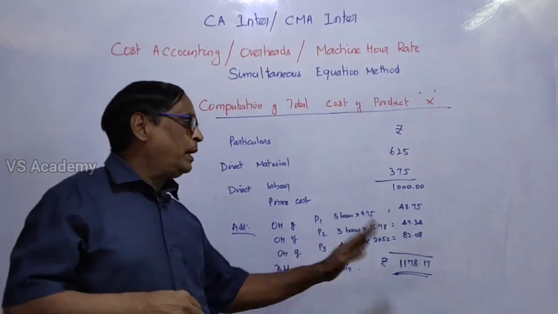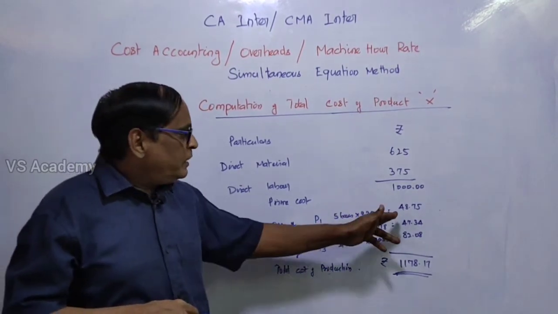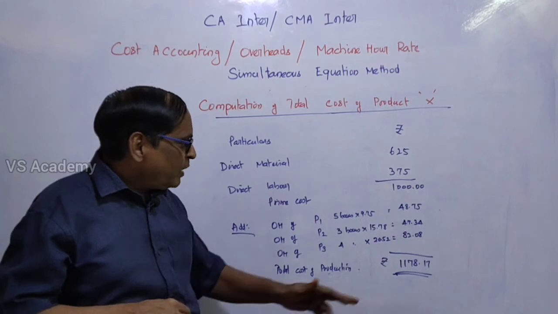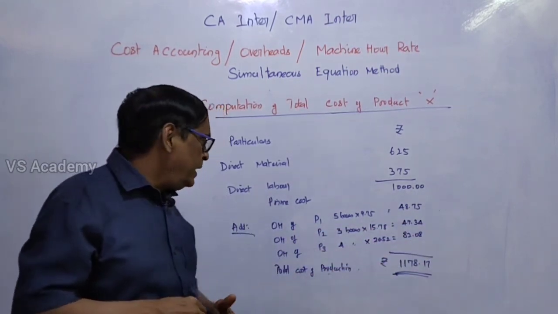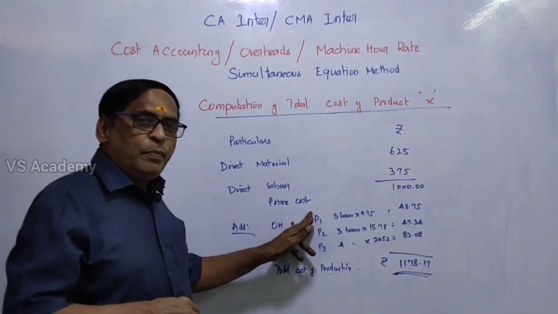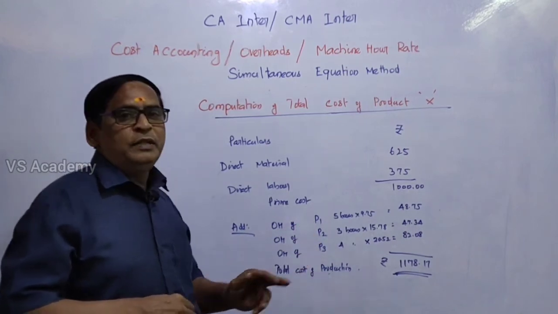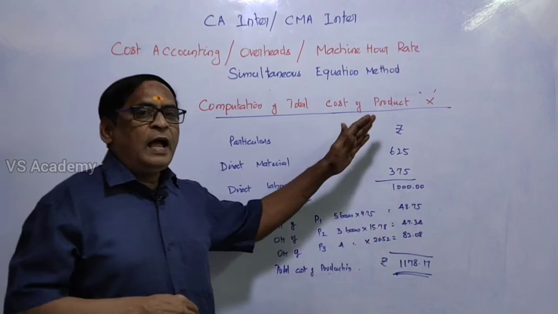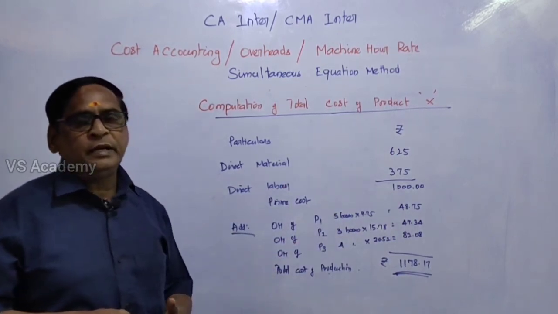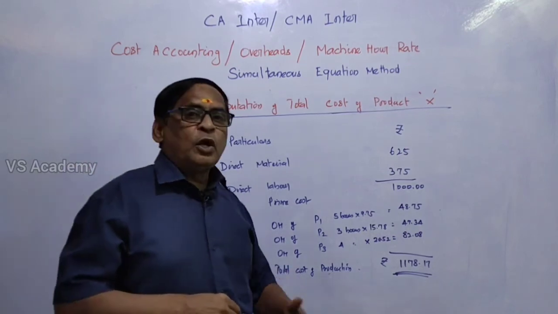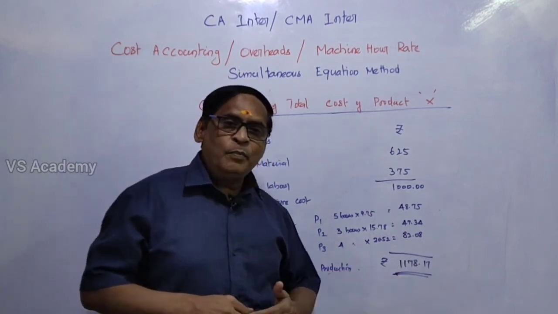If we multiply, you can get 48 rupees 75 paise and 47 rupees 34 paise and 82 rupees 8 paise for production departments P1, P2 and P3 respectively. If you add these, you can get the total cost of production. It will come around rupees 1178.17.